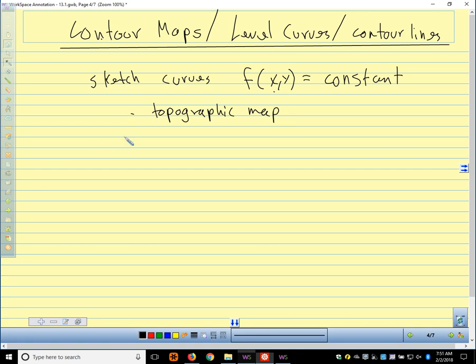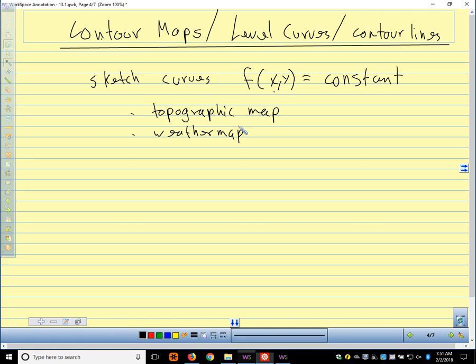The other thing, another example is a weather map. So on the weather map, they map out where the barometric pressure is constant. And you get these loops of lines where the barometric pressure is constant.